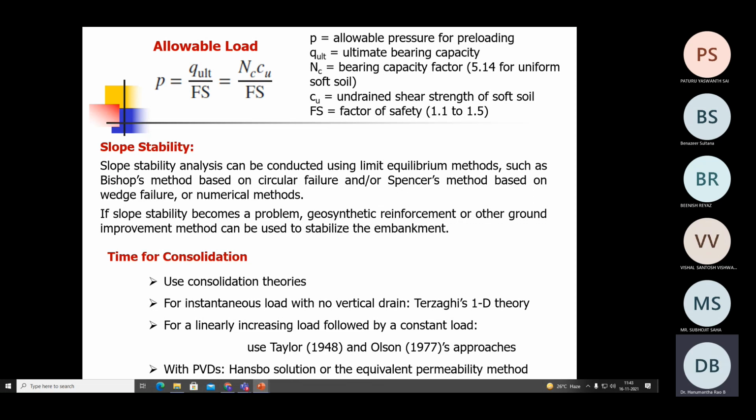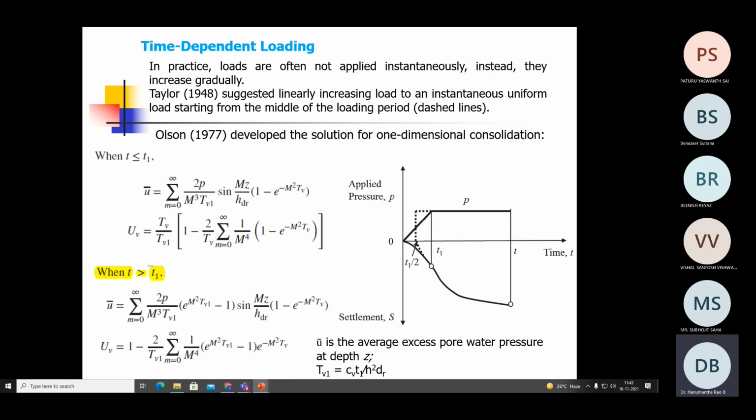When you go to any client, this is the first question he will ask us: in how much less time would you be able to consolidate the entire ground? When I say consolidation, it is 90% consolidation or even higher than that. Then one important aspect that you need to understand is that the imposition of the load is not an instantaneous phenomenon.